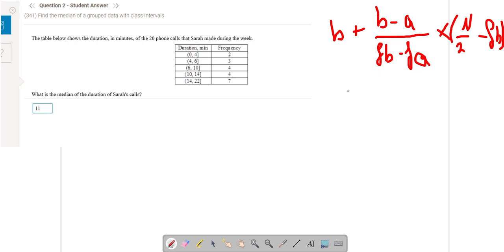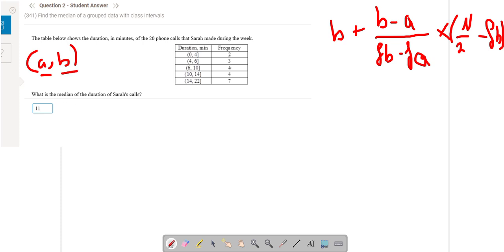So what does that all mean? So we will take the median class. What's the median class? It's the class that contains the median. So how do we get the class that contains the median? We will have a and b.